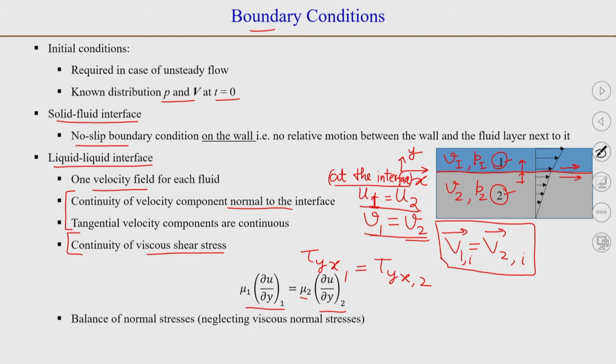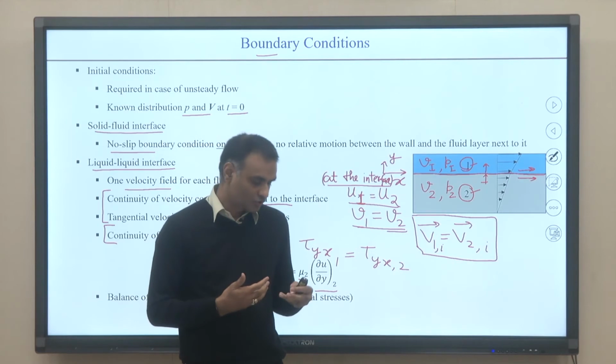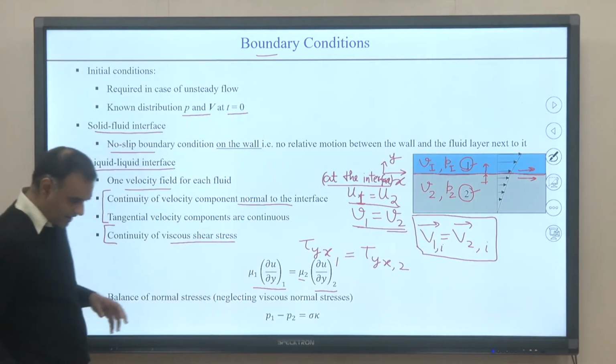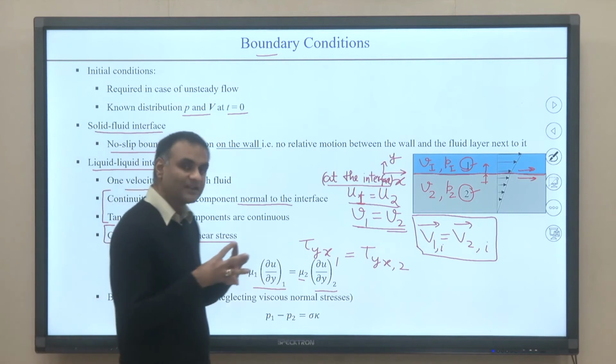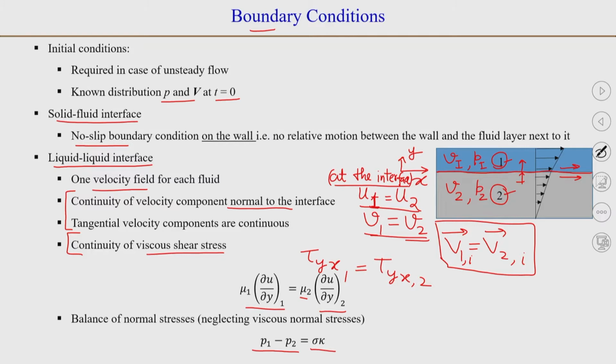In most of the cases, the viscous normal stress is negligible. So, for the normal stresses, because at the fluid interface you have surface tension, the difference between normal stresses will be balanced by the stress generated due to the surface tension.